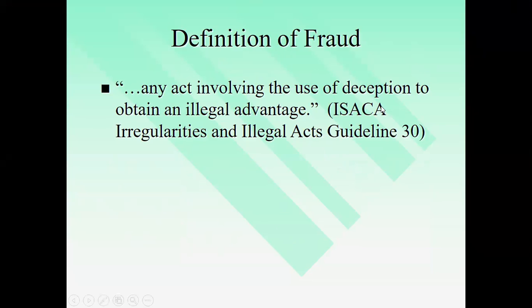So there is really an intention to deceive or mislead others so that the perpetrator, also known as the fraudster, will be able to obtain an illegal advantage. Illegal in the sense that it is a violation of the law, but it can be irregular, which is an intentional violation of the corporate rules and regulations. So that is our basis here, and that's what we have known so far.